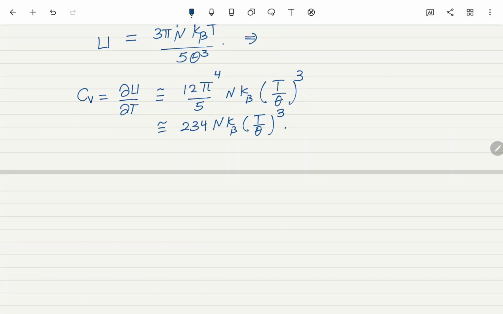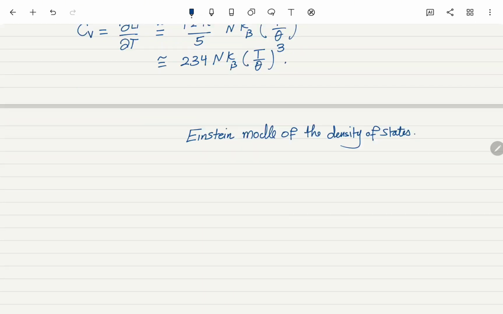Now, another model for calculating the density of states is the Einstein model. In the Einstein model, let's consider that we have N oscillators of the same frequency, omega naught, and in one dimension. So the Einstein density of states is defined as this one here, N delta omega minus omega naught, and delta here is the delta function centered at omega naught.